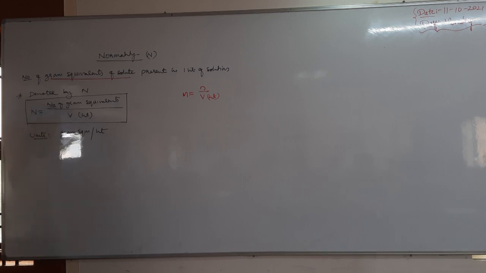Because normality has a volume term, right? Since there is a volume term, this volume term depends on temperature. As the temperature increases, volume increases. As the volume increases, normality decreases. Therefore, normality is inversely proportional to temperature, just like molarity.